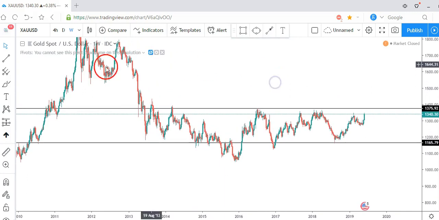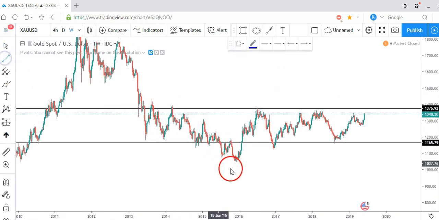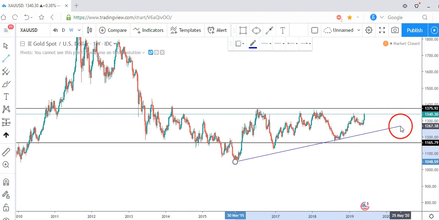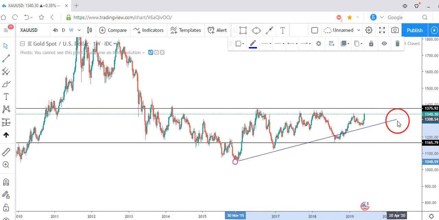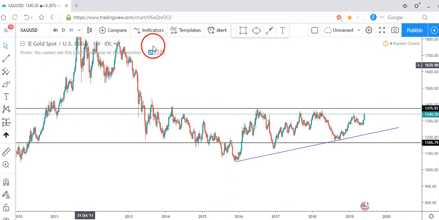And also, if you can see, price is making a series of higher highs into the resistance level. You can see here, this is a higher low here, another higher low here, another higher low here, and most likely this will be another higher low here if price breaks through this resistance.